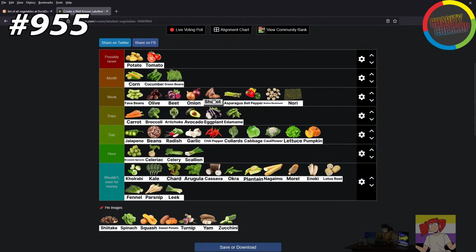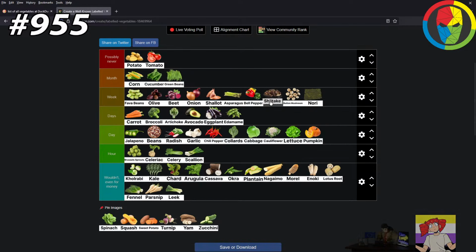Shallots are slightly inefficient onions. Shiitake, what is that? Is that a mushroom? So what is a vegetable then? A vegetable is basically a group of roots and fruits and all of these things that are not served sweet. If you serve a non-animal in a way that's not sweet, that's a vegetable.